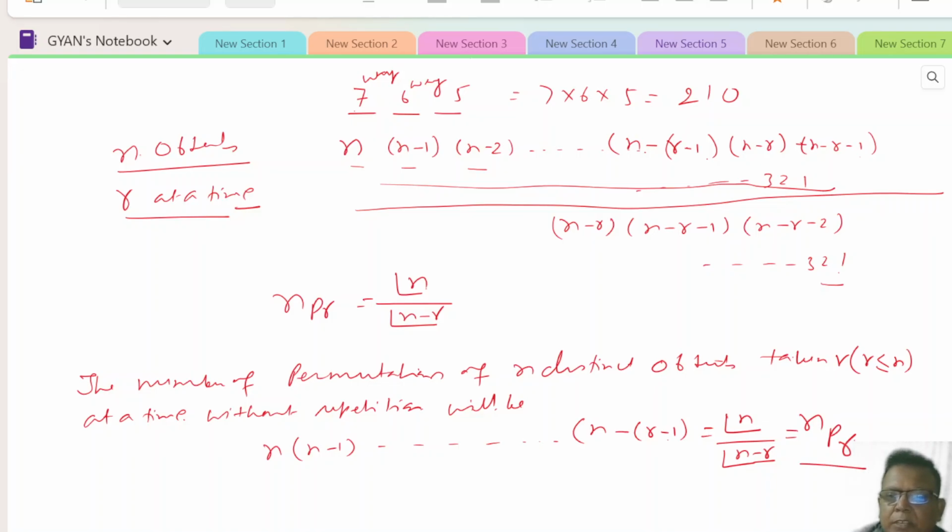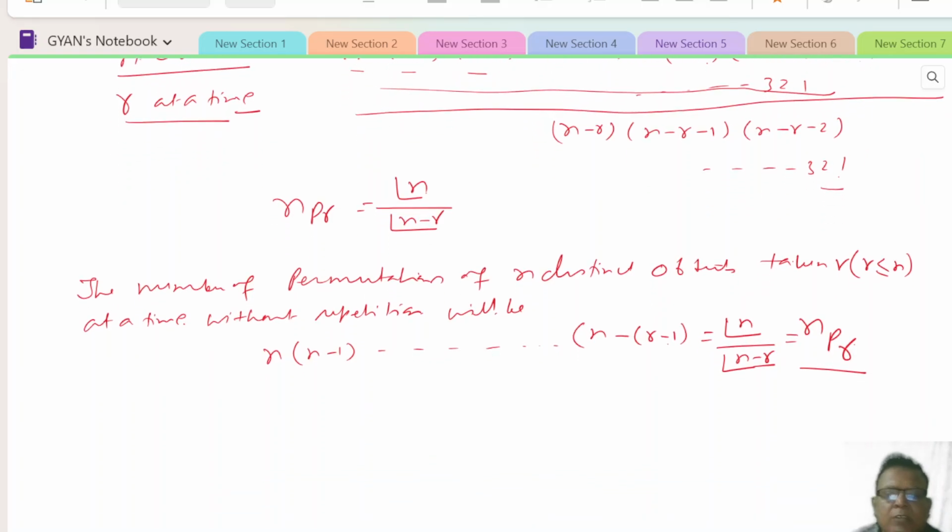So what is nPr? Total n objects are there with you, and r you have to select and arrange in order. Arrange in order means, suppose 1 2 3 4, if you write in a different order like 2 1 3 4, then this one and that one are different.